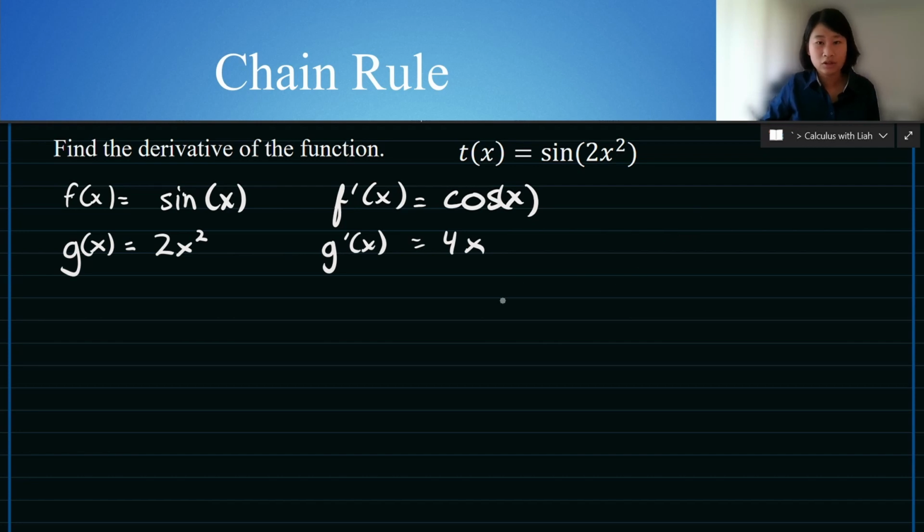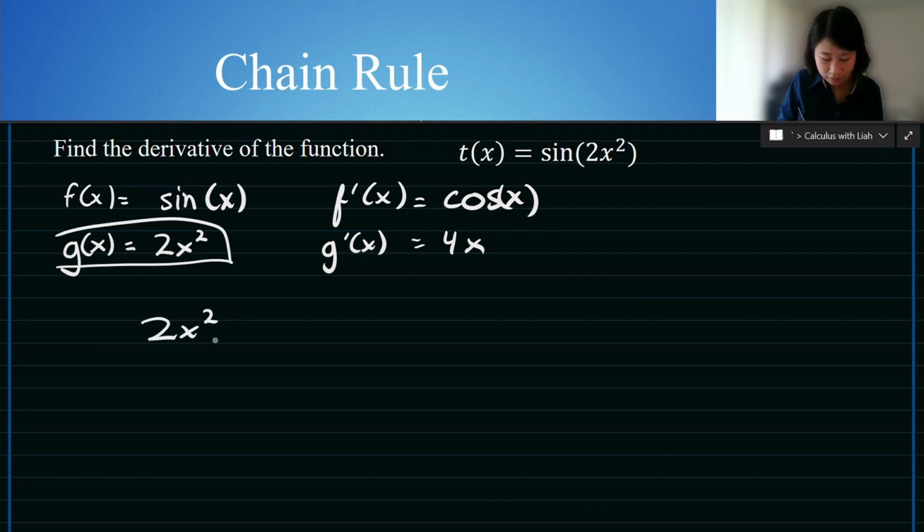Now, let's plug this into the chain rule formula. So we're going to start with g of x. That's going to be 2x squared. And this is going to be combined with the derivative of the outer function, so cosine x. So essentially, 2x squared is going to take the place of x.